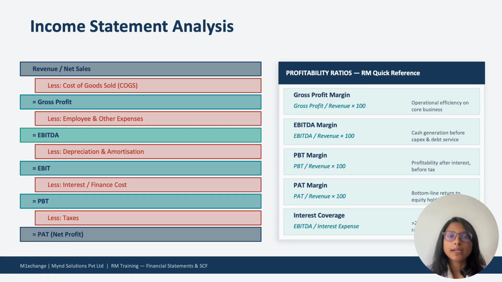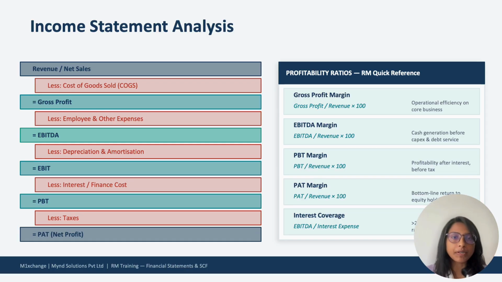Fine. Next is my EBITDA margin. Again, the formula is EBITDA divided by revenue into 100. This is the cash generation before capex and debt service, and this is the number most banks and credit analysts look at first. So a healthy EBITDA margin means that the business generates real operating cash before non-cash charges.